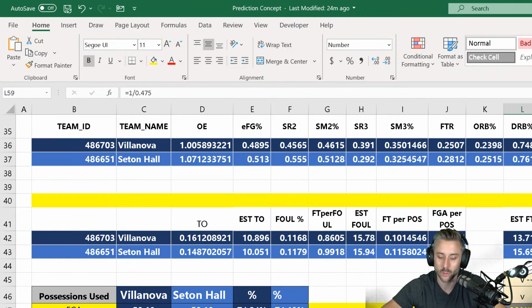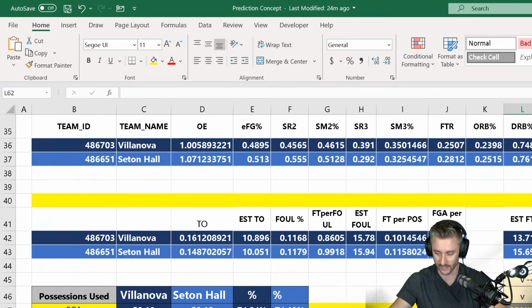Multiply it by 2.11, you have about 1.55 expected points every time a free throw happens. Pretty easy, right? And then this is calculated independently. Foul percentage, you can rack that up independently. Every time a possession occurs, did a foul occur? Maybe.